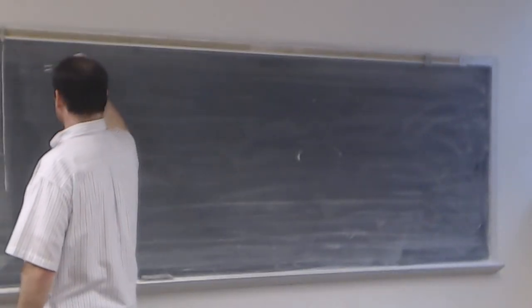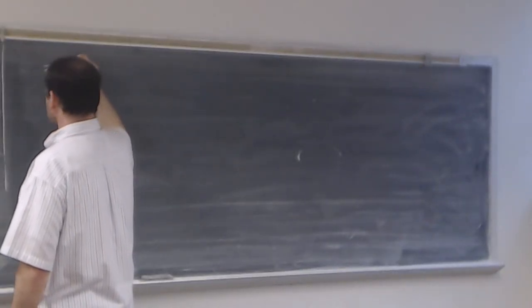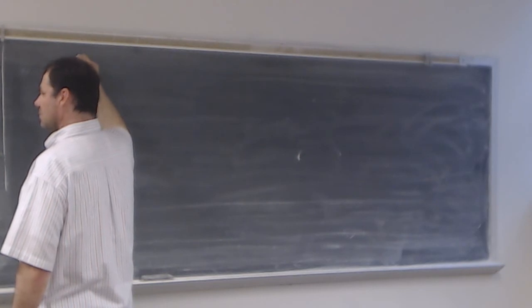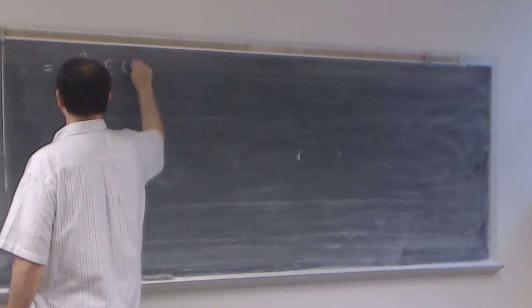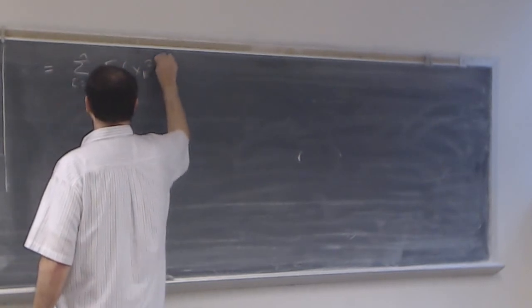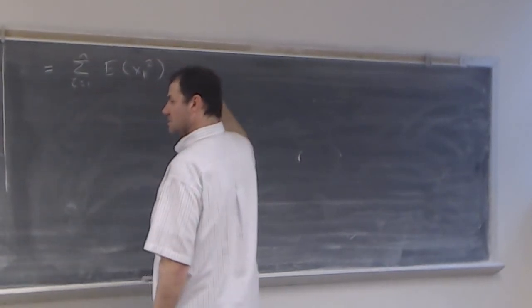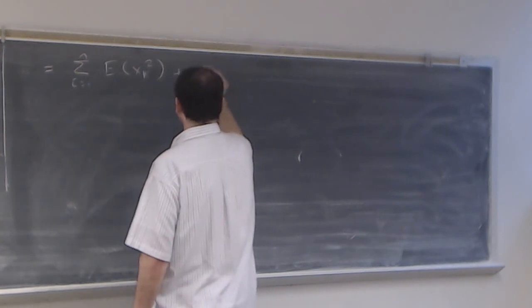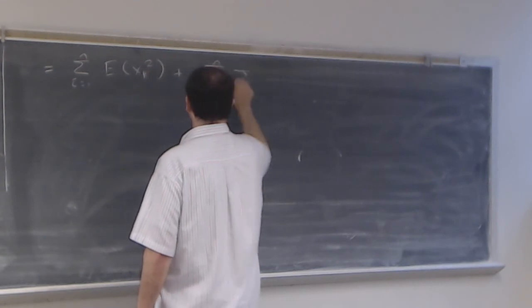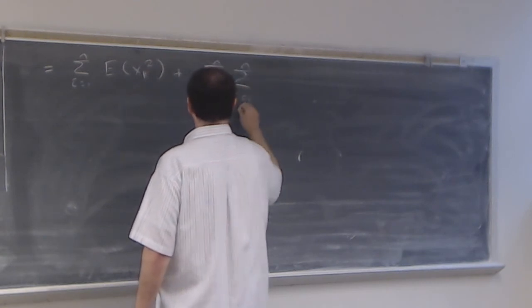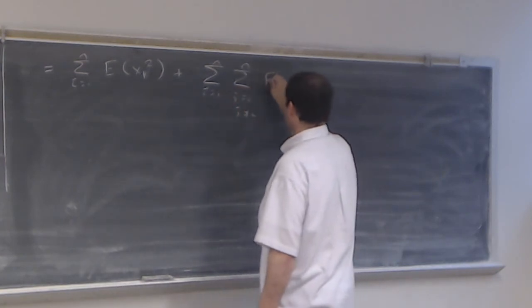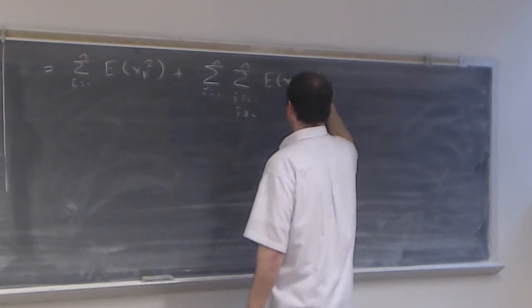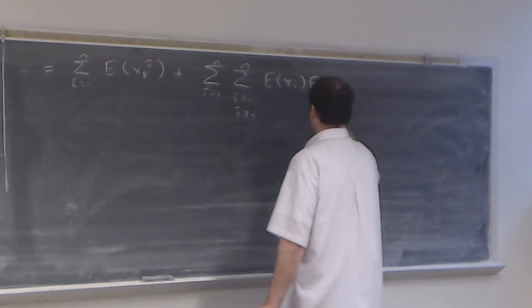So that's going to be equal to, as I said, what I'm going to write here is the sum as i runs from 1 to n of the expected value of X_1 squared. And then plus here is the double sum, and this is going to be the expected value of X_i times the expected value of X_j, where i and j are different.